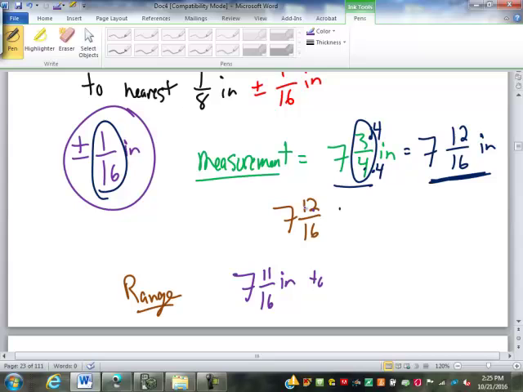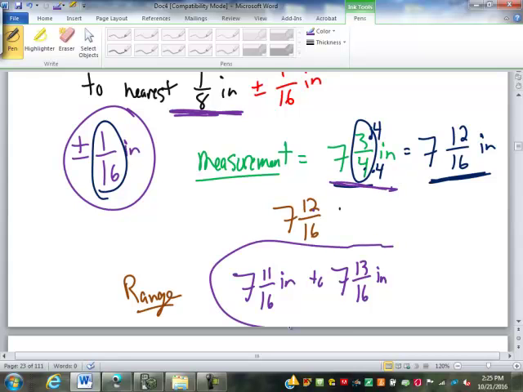Then adding 1 to that, what's 12 plus 1? 13. So the range implied here, if we have a ruler that measures to the nearest 1/8 inch, and we get a measurement of 7 3/4 inches, it's implying that that is between 7 11/16 and 7 13/16 inches.